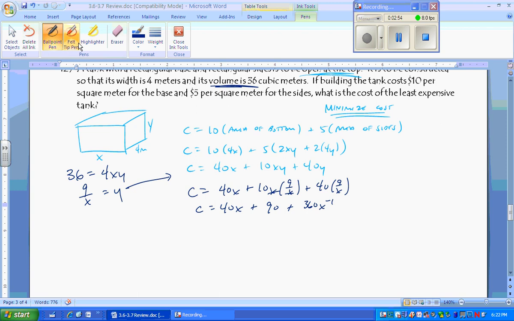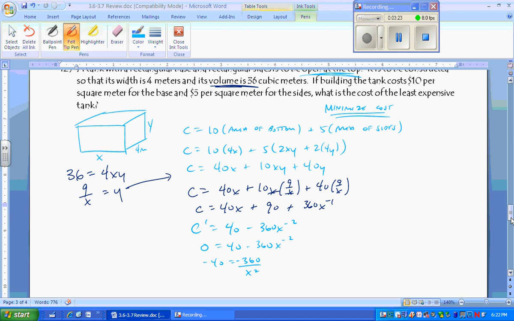We need to find the derivative of this. So the derivative of 40x is 40, the derivative of 90 is 0, minus 360x to the negative second. We need to know when this is 0. So we can subtract 40 from both sides. We get negative 360 over x squared.